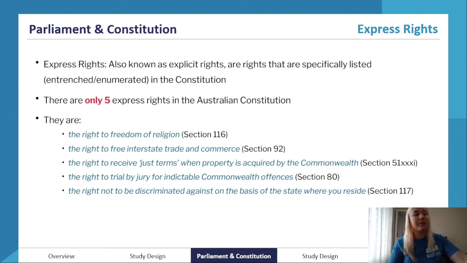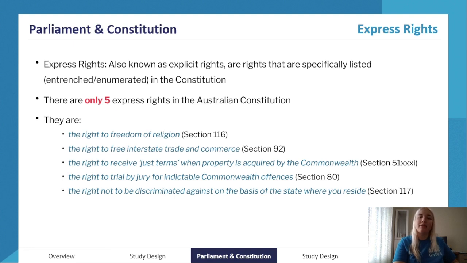So the next concept that we need to know coming under this is express rights. That's also another constitutional protection against Parliament's potential abuses of power. So express rights are also known as explicit rights.